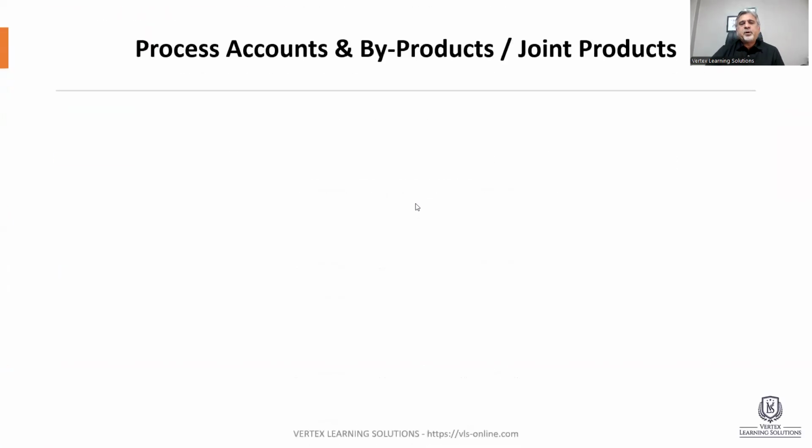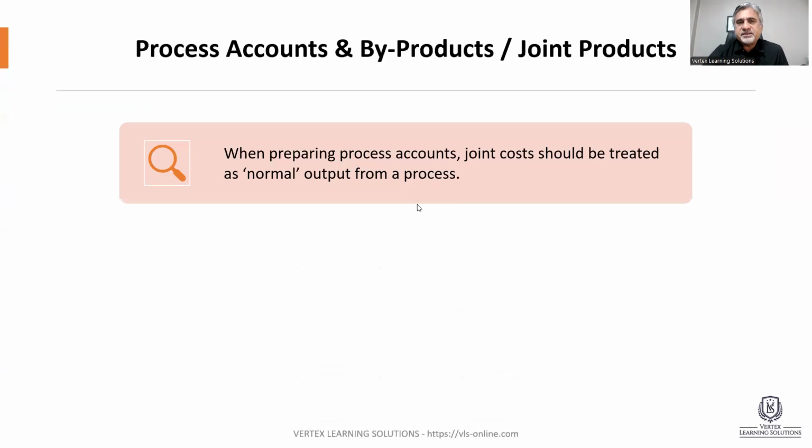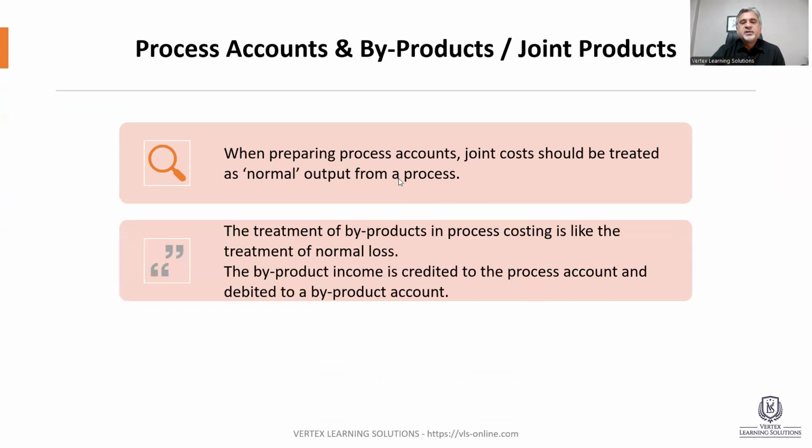Process accounts and byproduct: when preparing process accounts, joint cost should be treated as normal output from a process. Yes, we know joint cost, common cost are the normal output from a process. The treatment of byproduct in process costing is like the treatment of normal loss, and the byproduct income is credited to the process account. Credited to the process account means you decrease the cost of the process account.